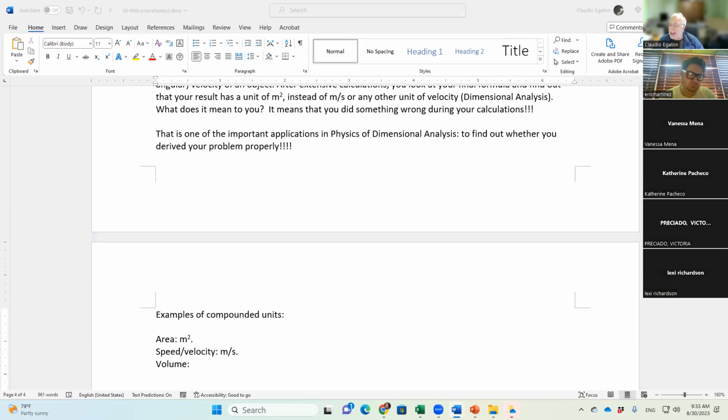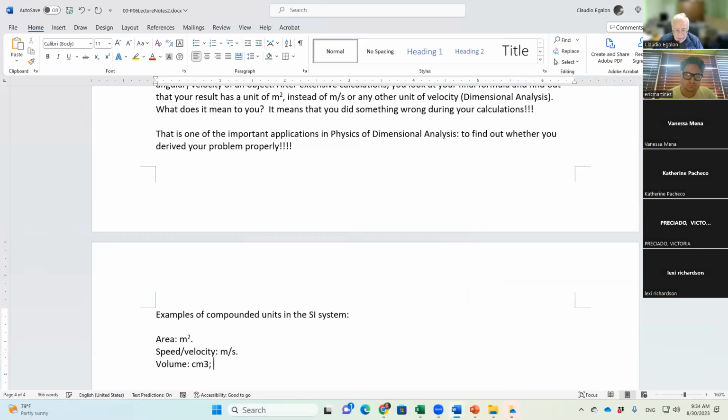Examples of compounded units in the SI system. So Alexei told me centimeters, cubic centimeters, right? It involves the cube, yes.